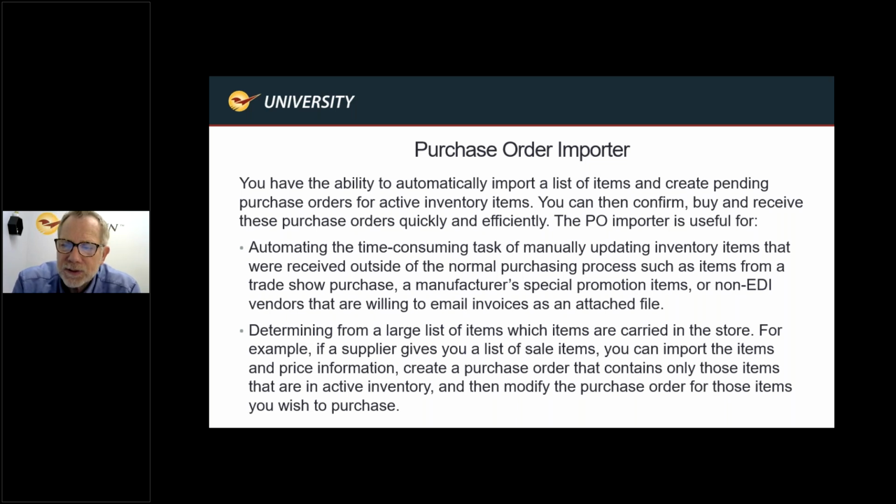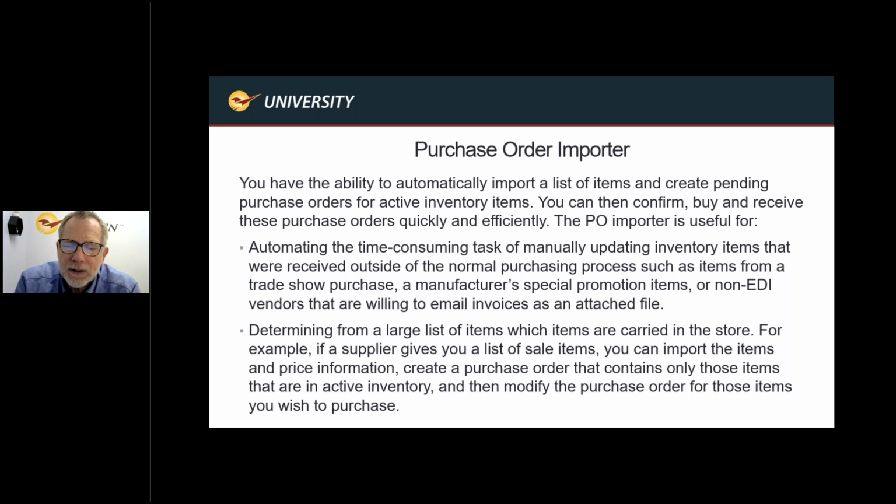The PO importer is useful for a lot of things, but two in particular. One is it automates the time-consuming task of manually updating the inventory items that were received outside of the normal purchasing process, such as from a trade show, manufacturer special promotion, or non-EDI vendors that are willing to email invoices as attached files.